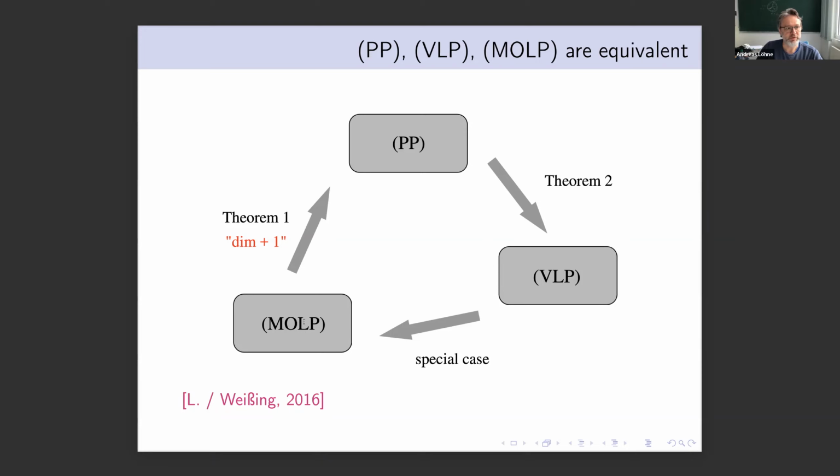And this also extends the classical results for the connection between MOLP and VLP, because in the classical result, it was known that both problems are equivalent, but the dimension of the MOLP here was not only one more than the dimension of VLP. In the classical result, the dimension here corresponds to the number of generating vectors of the ordering cone.